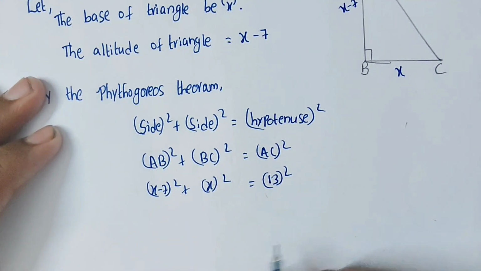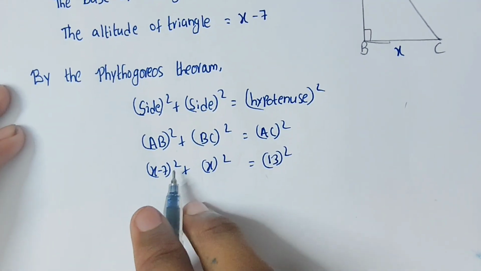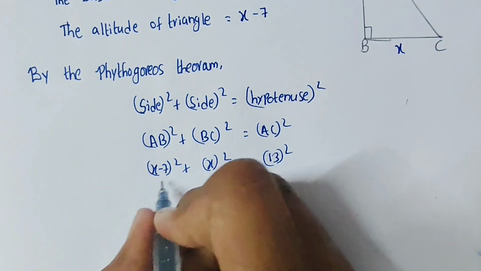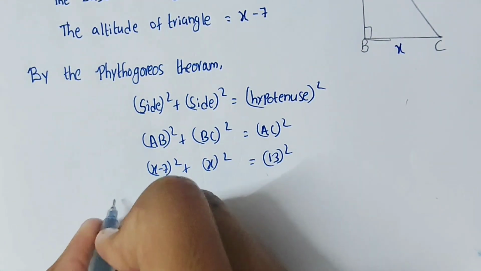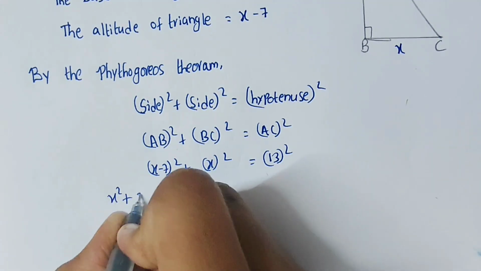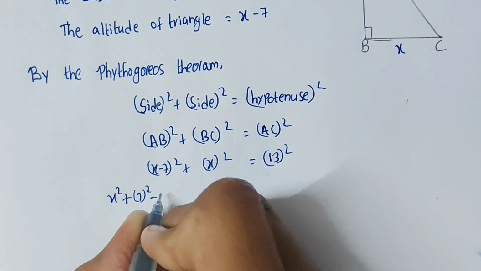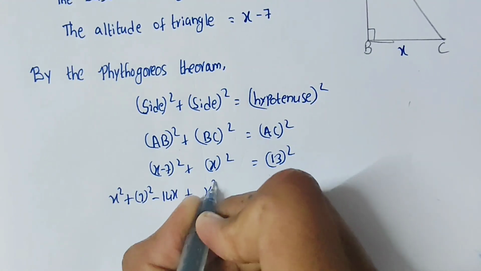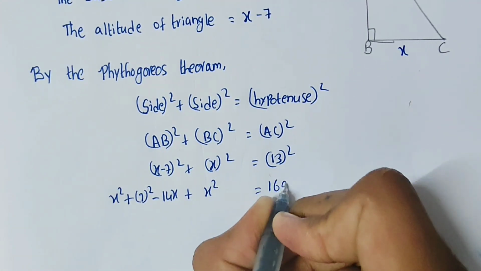Now (x minus 7) square is in the form of (a minus b) whole square. So x square plus 7 square minus 2 into x into 7, meaning minus 14x, plus x square equals 169.